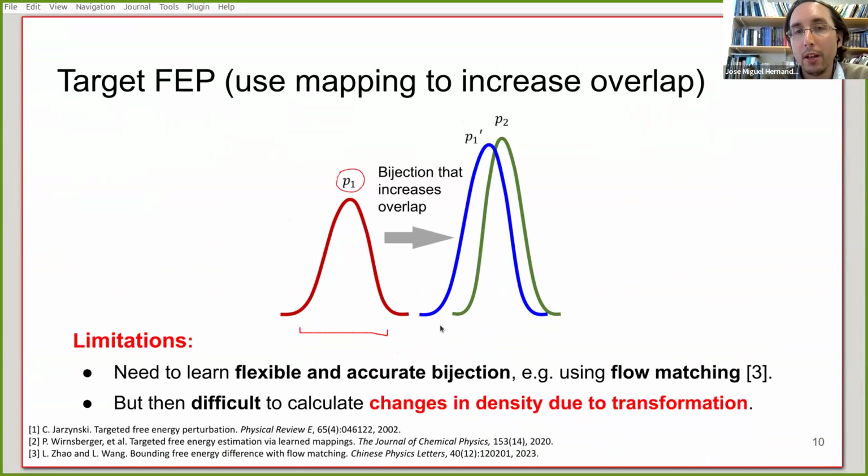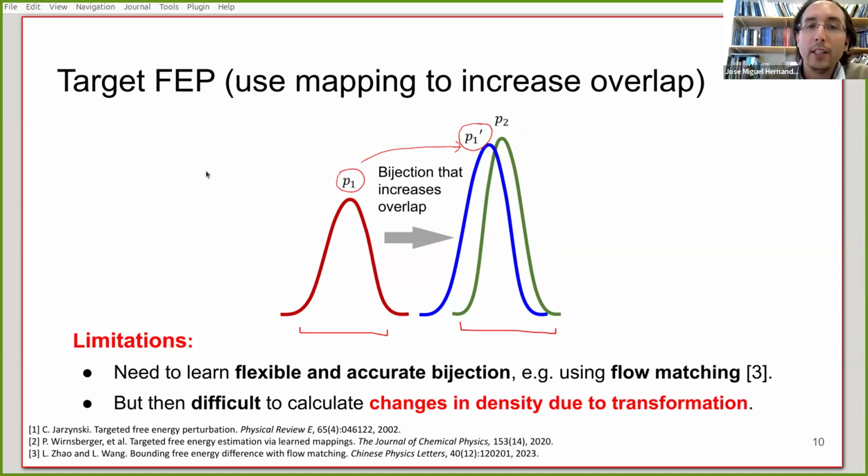There is not a lot of overlap with the samples from P2 in red, shown here, but you can do a transformation of the samples from P1 to obtain a new set of samples that are distributed according to P2 and that are going to have higher overlap with P2. Okay, you obtain this P1 prime distribution of samples, and there is a higher overlap.